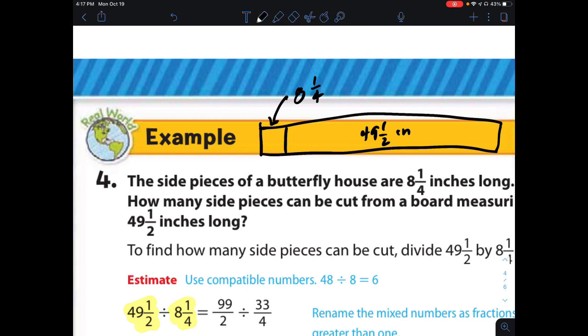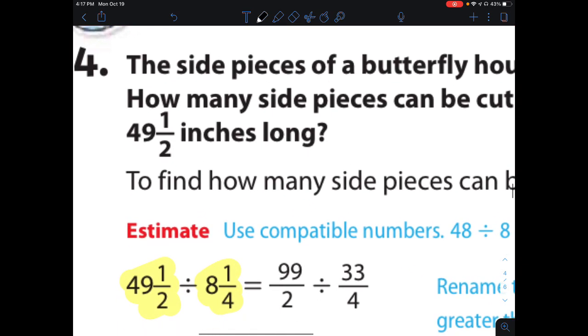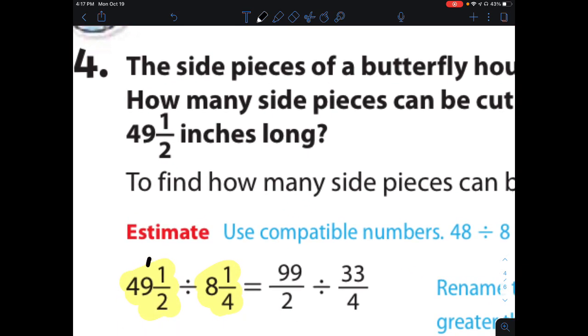Now find the improper fraction of 49 1/2, which is 99 over 2. Why? Because 49 times 2 plus 1 over 2 is the same as 99 over 2.